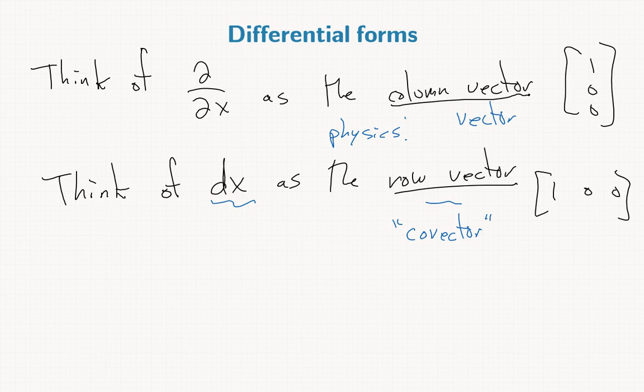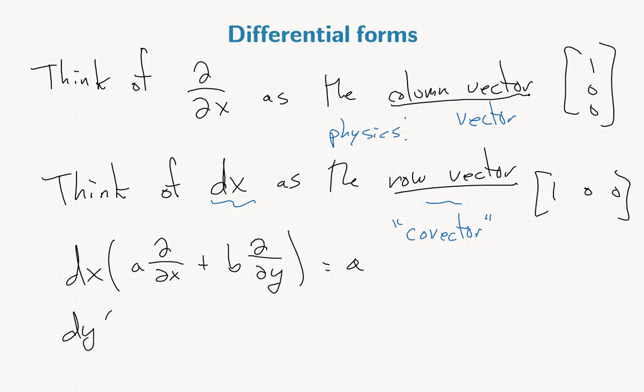So to reiterate, dx will send a del by del x plus b del by del y to a, and dy will send a del by del x plus b del by del y to b. So it is sort of just the i and j that we're used to, but this is a more coordinate-free way of saying this.